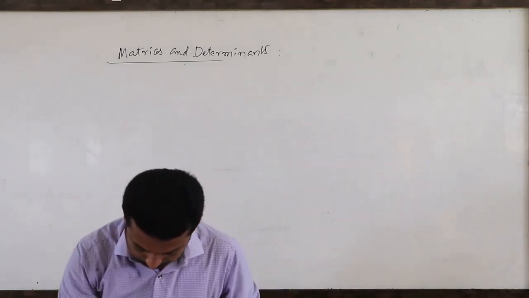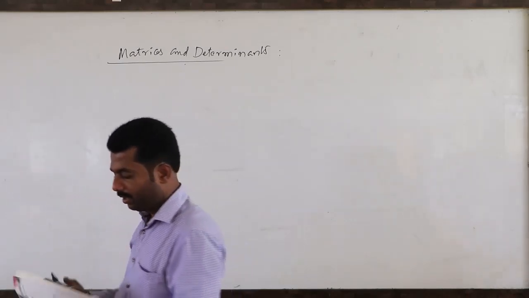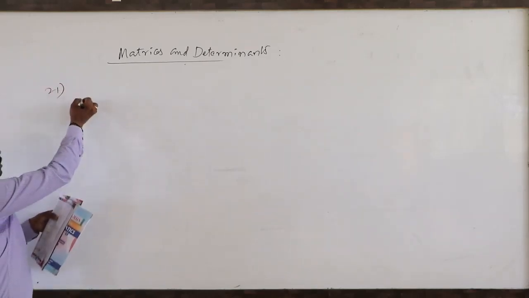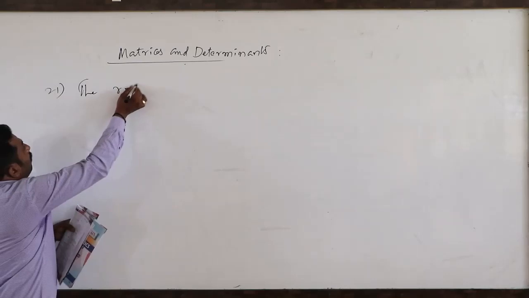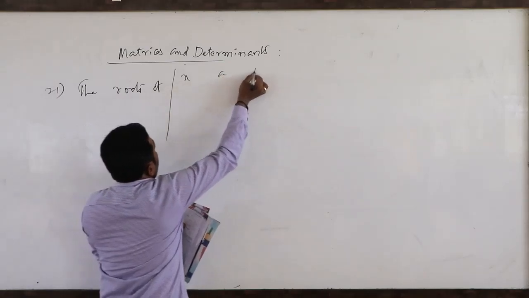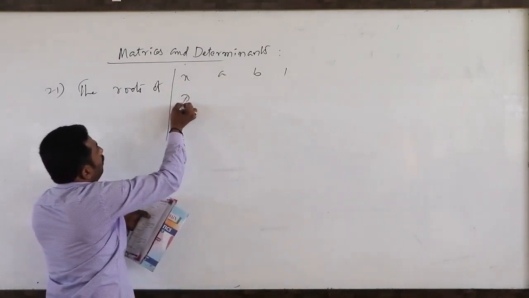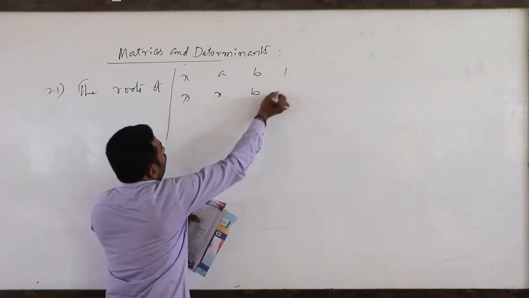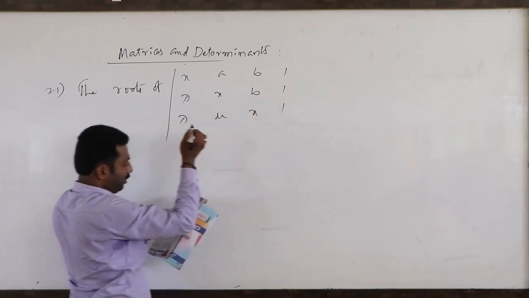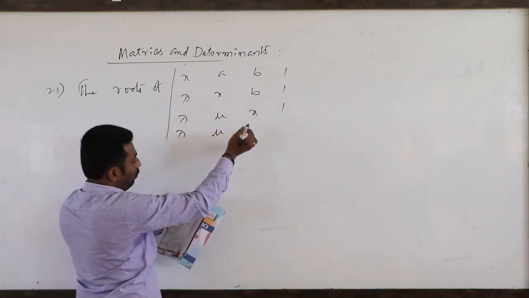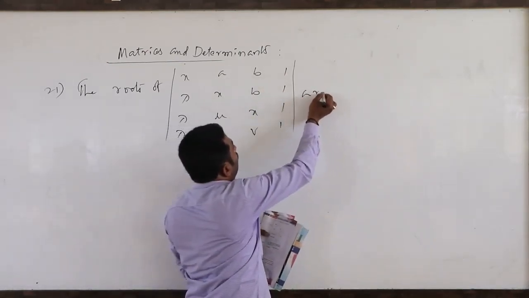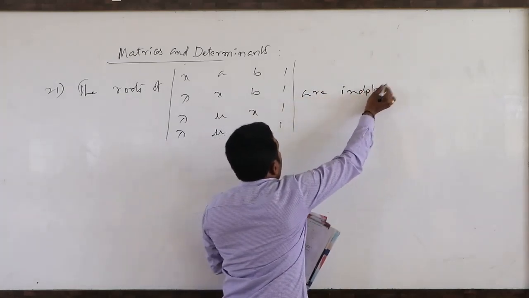Next, question number 21. The roots of the determinant with rows x, a, b, 1; lambda, x, b, 1; lambda, mu, x, 1; lambda, mu, v, 1 are independent of.